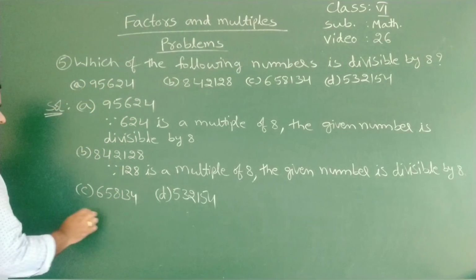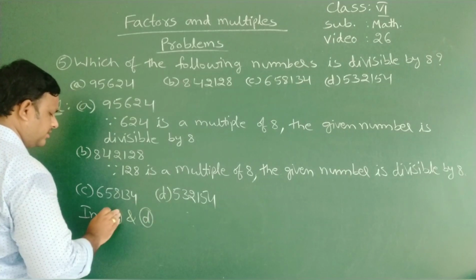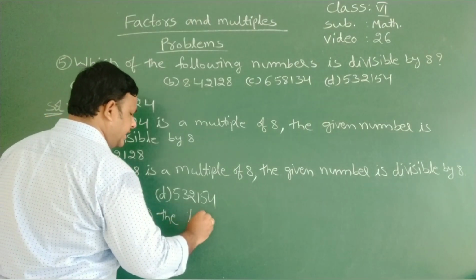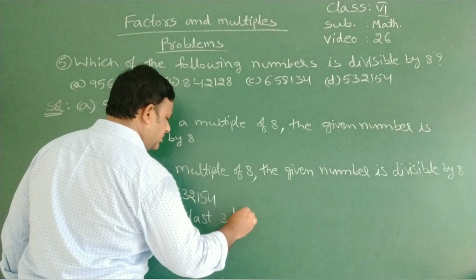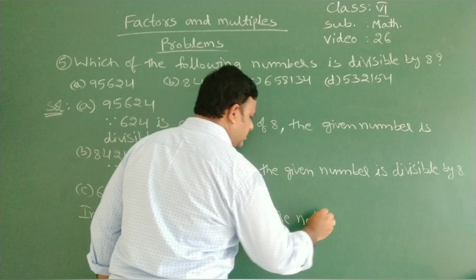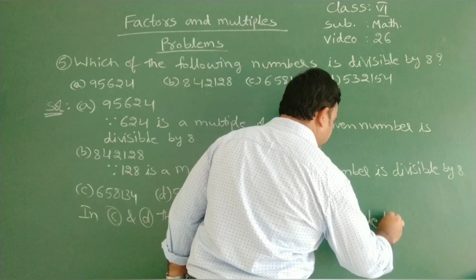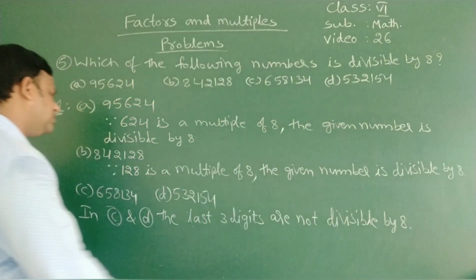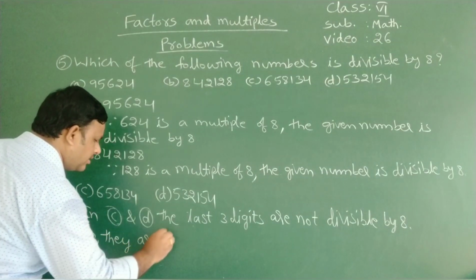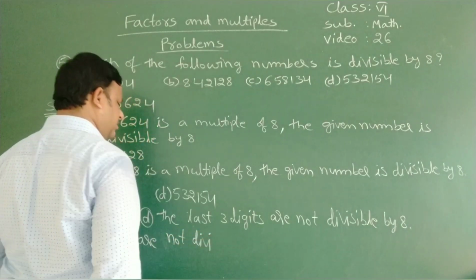In both C and D, the last three digits are not divisible by 8, so they are not divisible by 8.